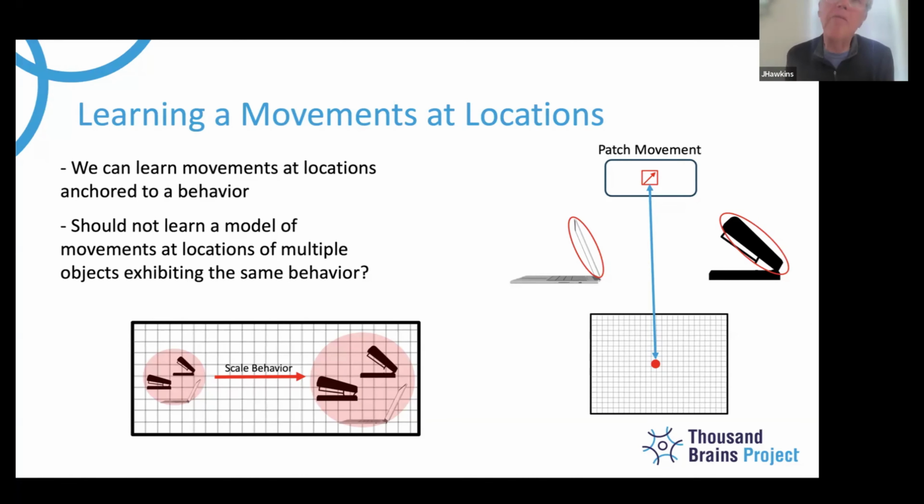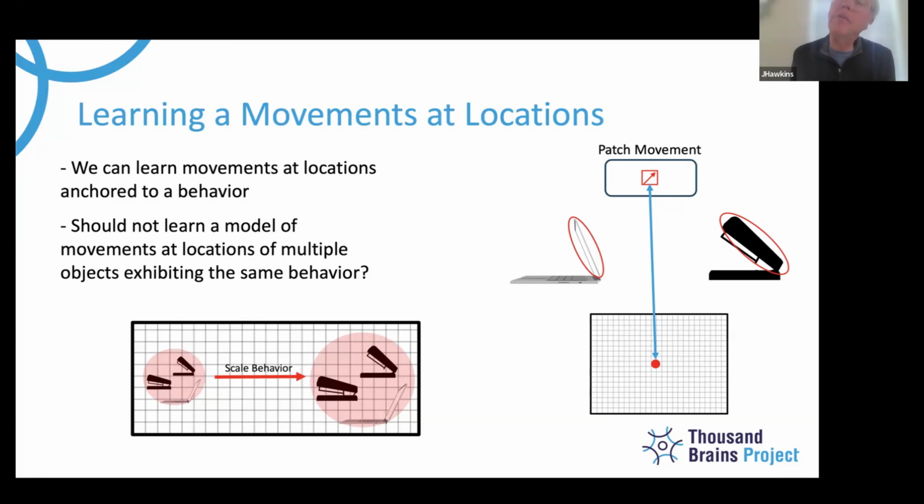You can associate the behavior at a particular location on a particular object, but the behavior is defined by its behavioral, by its grid cell space, if you will. Just like an object is defined by its space. Once I know the object, all the points that the object might occupy are defined.